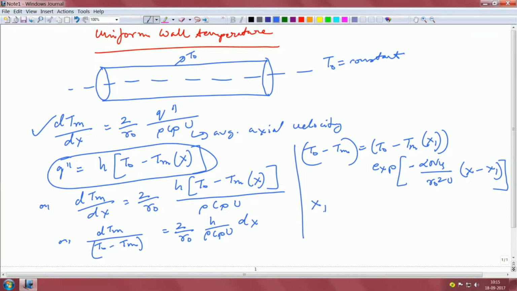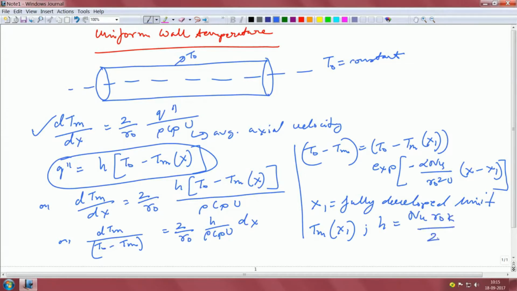X1 is basically the region where fully developed flow starts, the fully developed limit, and Tm at X1 is the temperature at the starting point of the fully developed regime. Of course H is Nu R naught K by 2. Using these two we have got this full expression.